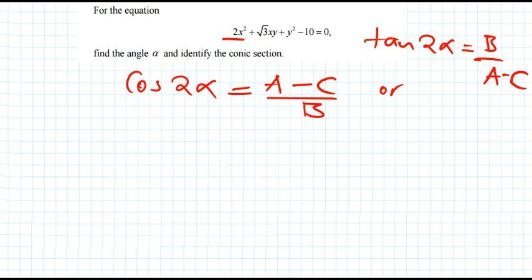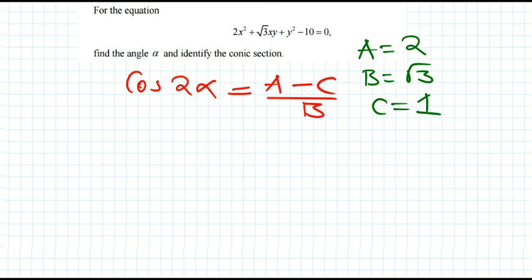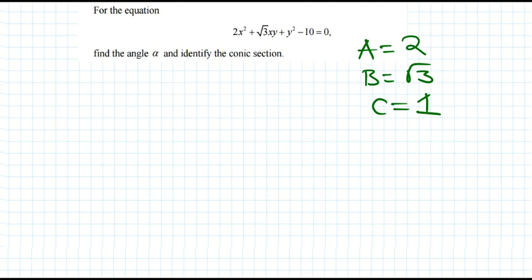So what do we do now? Let's handle the question at hand. We first need to find the angle based on the values that we have. I've said a is the coefficient of x squared, b is the coefficient of the product, and c is the coefficient of y squared. So let's use the tan.